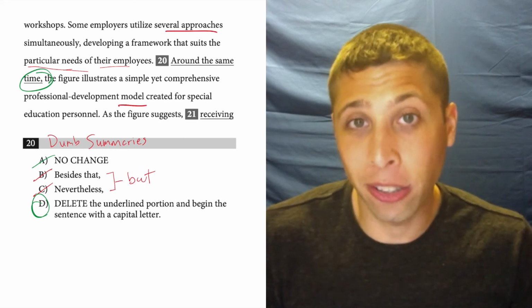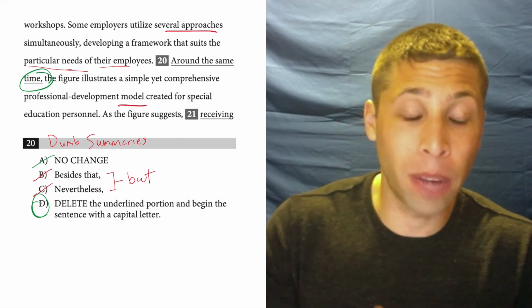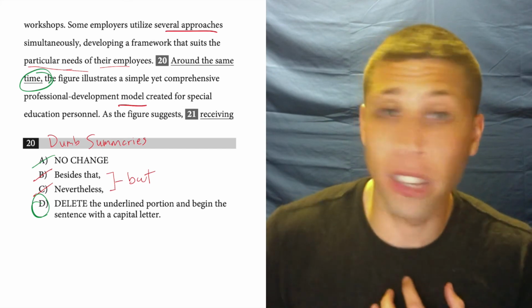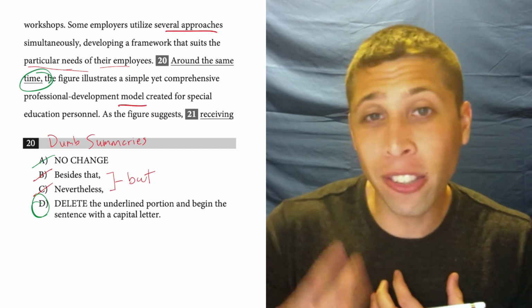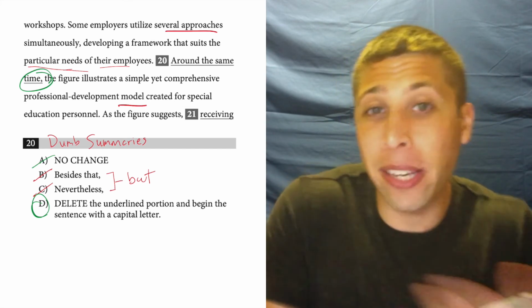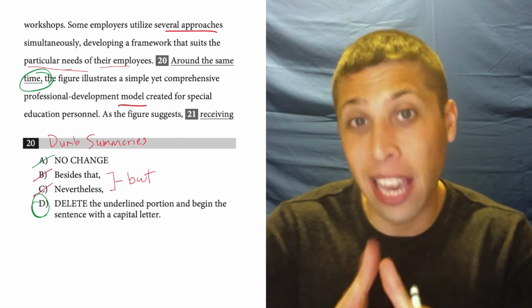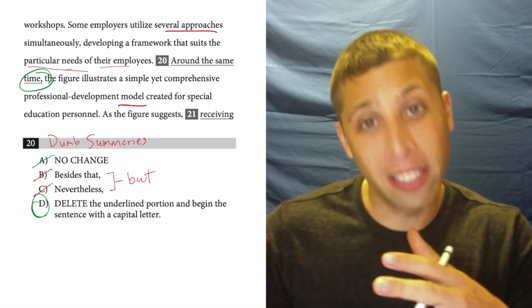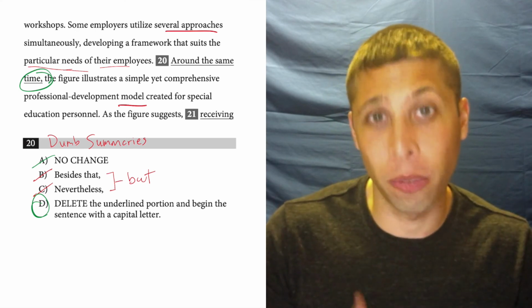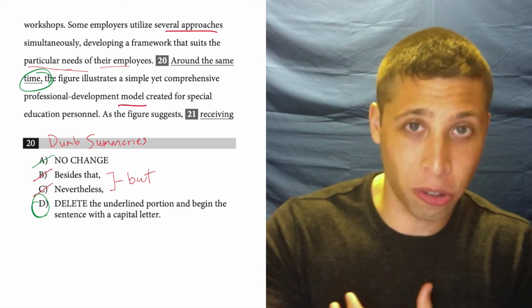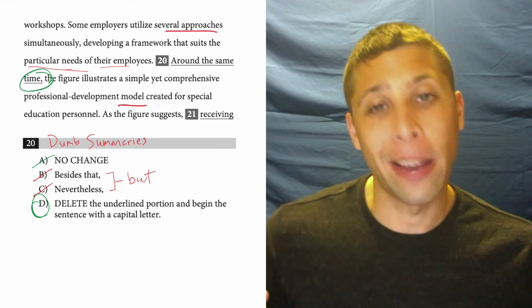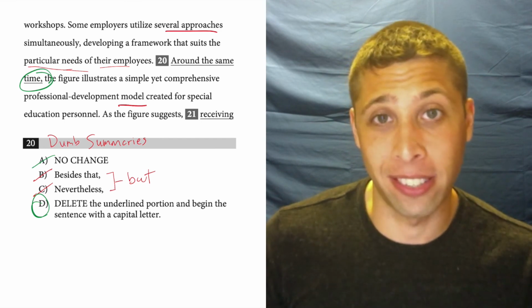And that's how a lot of these transition questions work, is we're kind of forced to pick between words that we ourselves would not often use. So we can't just go by what we would say because that's not going to be a choice. We need these kinds of games for these questions and these dumb summaries to simplify these words so we can better understand what they're trying to say, what matches, and what doesn't, what cancels itself out.